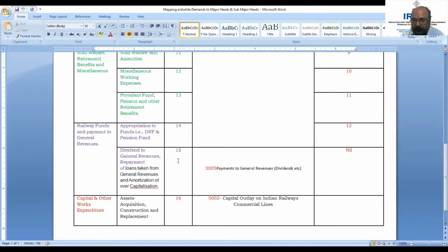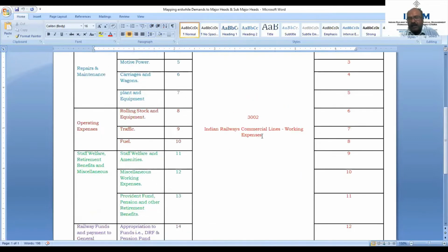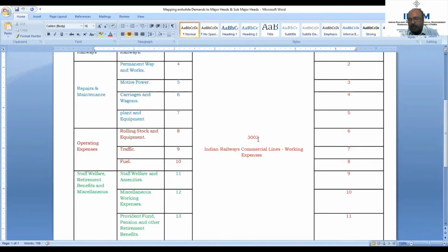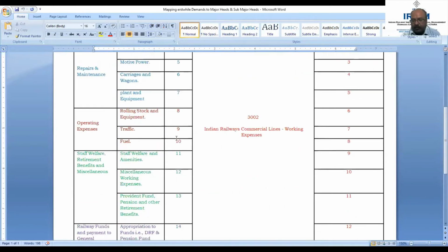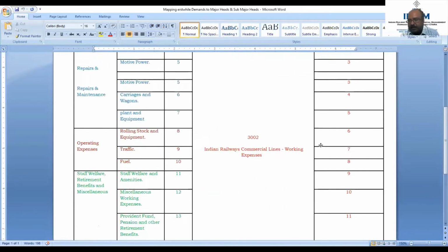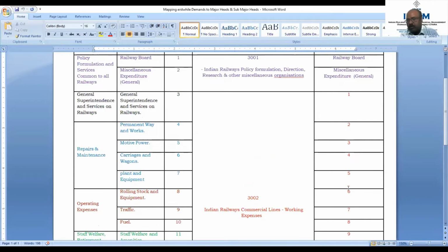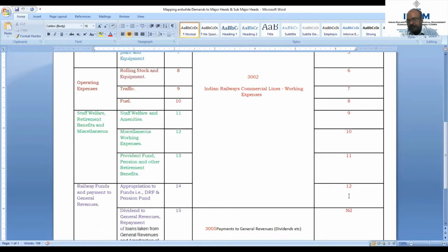At the same time, 5003 is capital outlay on Indian Railways strategic lines. Here also there are no sub-major heads. Sub-major heads exist only in major heads 3002 and 3003. For all demands 3 to 14, they are serially numbered 1 to 12.